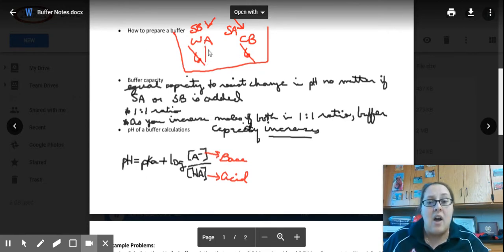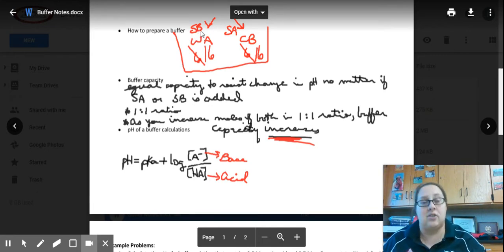So now let's say 16 weak acids for every 16 conjugate bases. Do you see how I'm still maintaining this 1-to-1 ratio? I'm increasing buffer capacity because now I can fight off 16 strong bases as well as 16 strong acids, whereas before I could just fight off 6 of each.